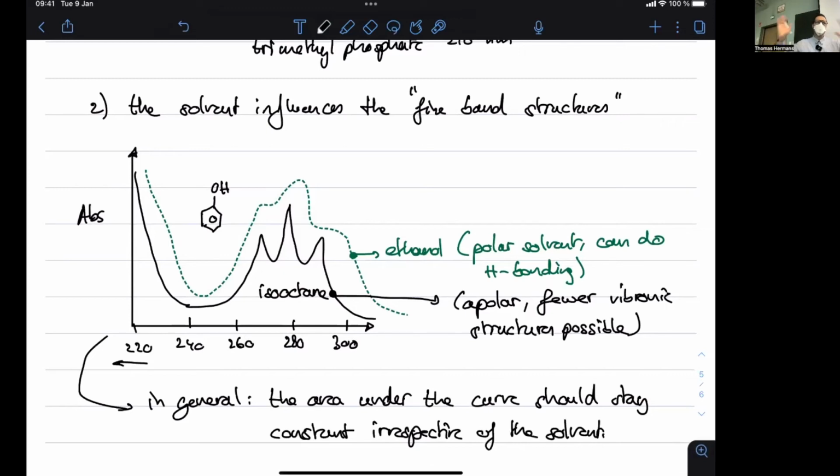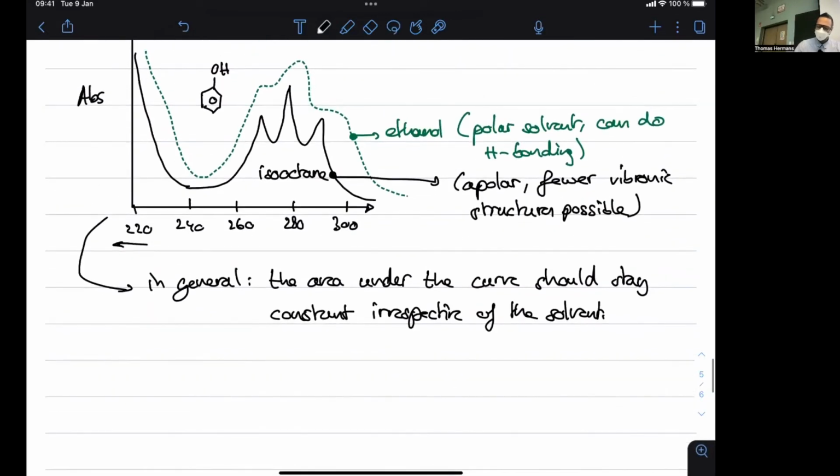So some solvents will be sharper, some solvents will be broader, but the area under the curve represents how many photons are absorbed in total, and that will not depend on the shape of the curve. Okay.